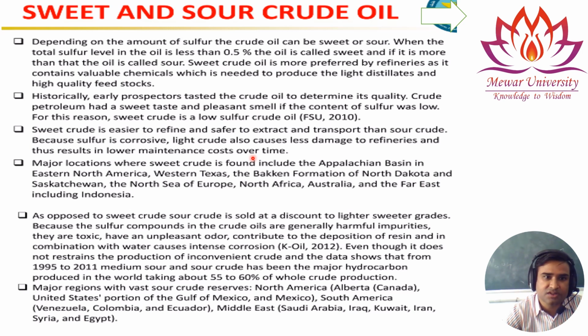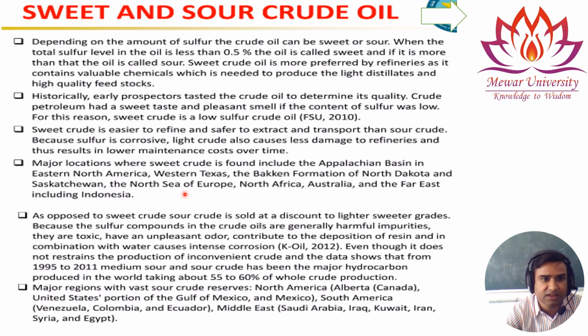Light crude also causes less damage to the refinery and thus results in lower maintenance cost over time. Major locations where sweet crude is found include the Appalachian Basin in eastern North America, western Texas, the Bakken Formation of North Dakota, the North Sea of Europe, North Africa, Australia, and the Far East, including Indonesia.